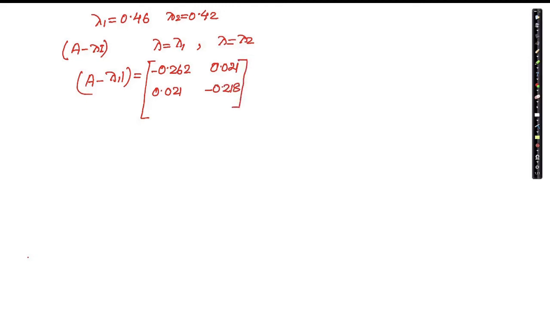This is the first matrix, and the second matrix will be A minus lambda 2 I, which is equal to minus 0.222, 0.021, 0.021, minus 0.178.